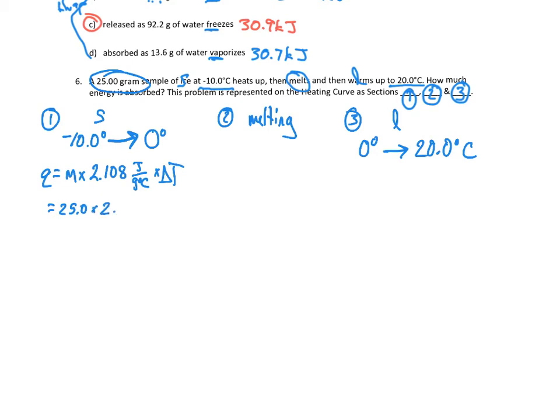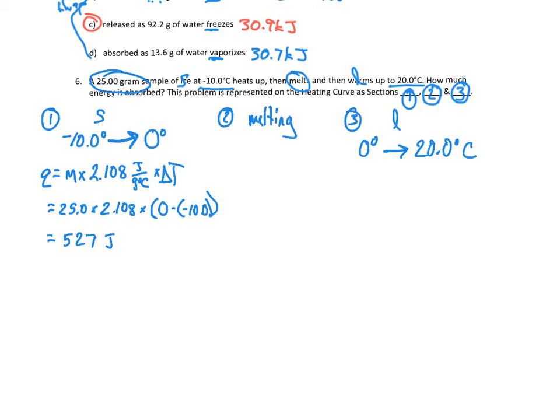I have my specific heat, and my change in temperature: my final is 0 minus a negative 10, which is actually a positive 10. So if I have a positive 10 times 2.108 times 25.0, how many sig figs should I have in that answer? Well, it is 3, and that gives me 527 joules.